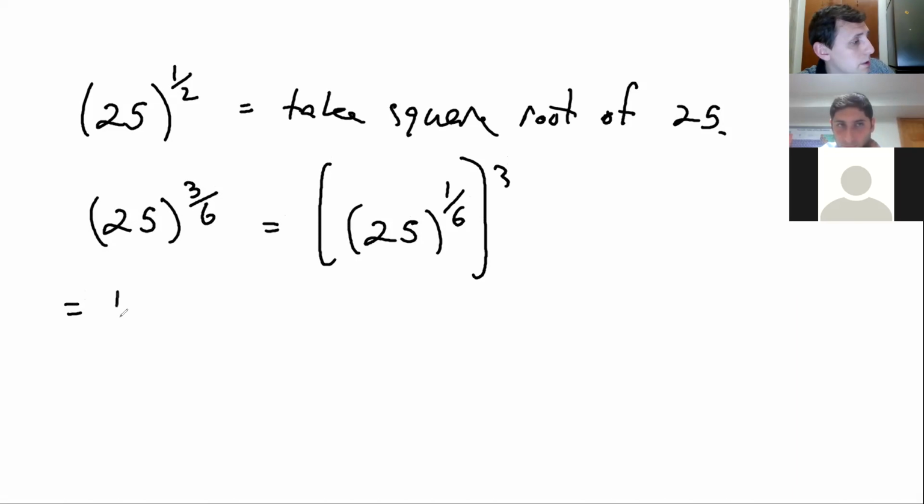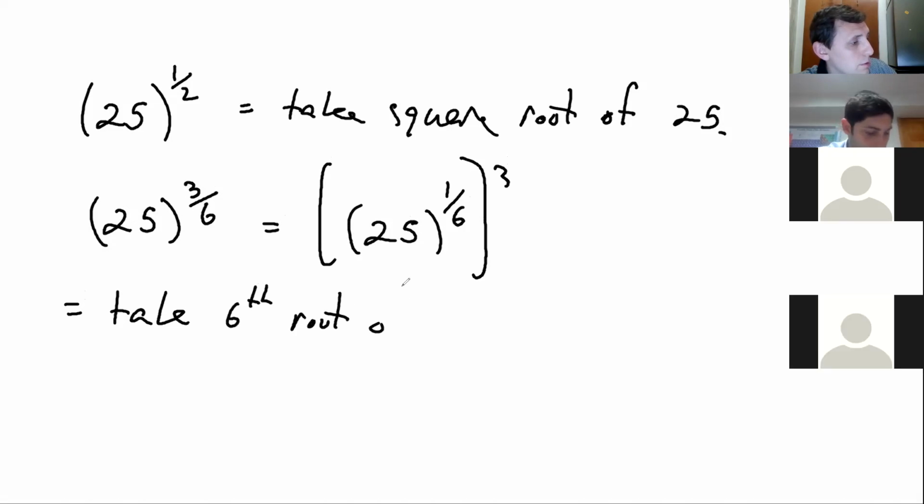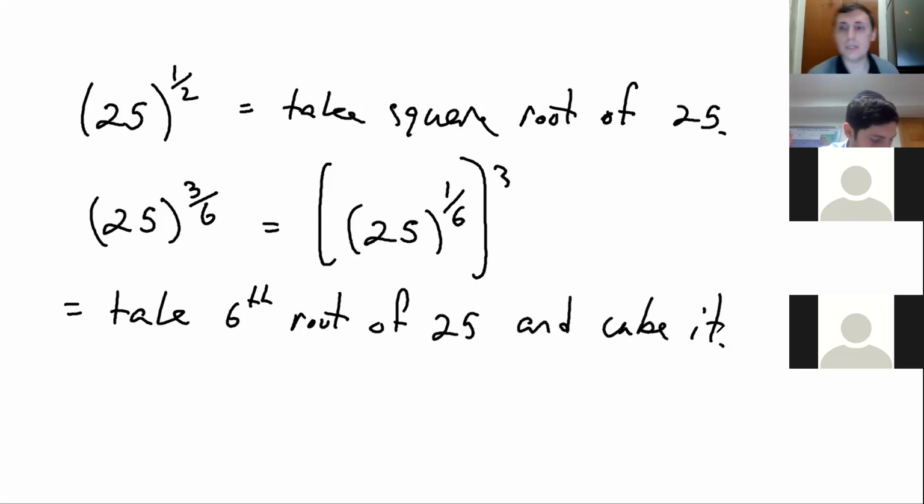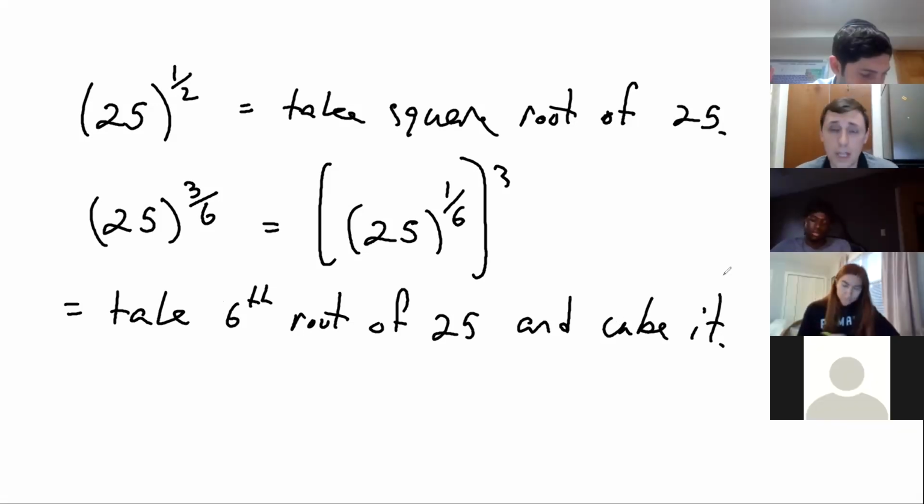So that means take the 6th root of 25 and cube it. Do you see what I mean now? Technically speaking, there are all sorts of dangers that you have to verify that you get the same result. It's not the same operation. Do you agree? Basically, although the fraction is the same, the operation is not.